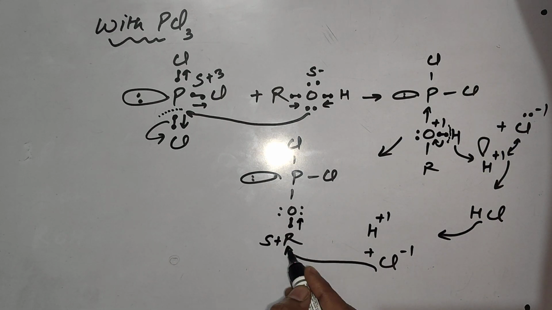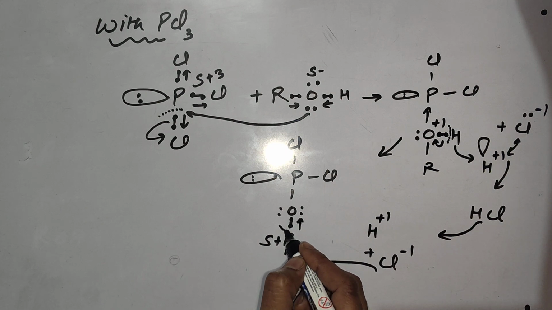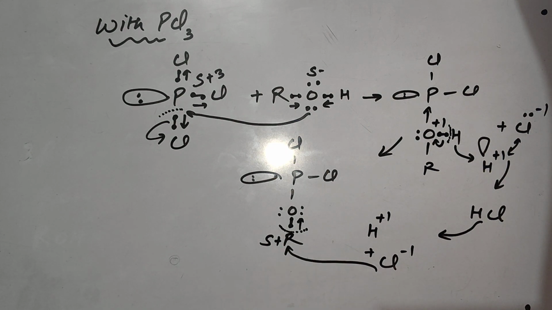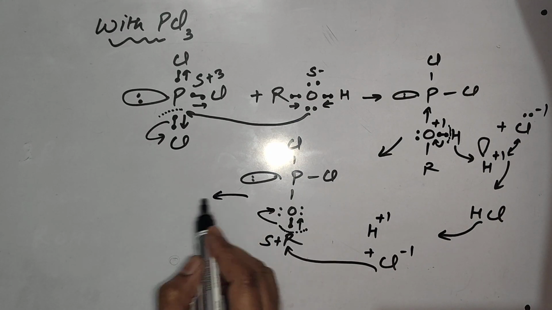Now when Cl negative attacks R, the bond between oxygen and R will break and both electrons will shift toward oxygen.